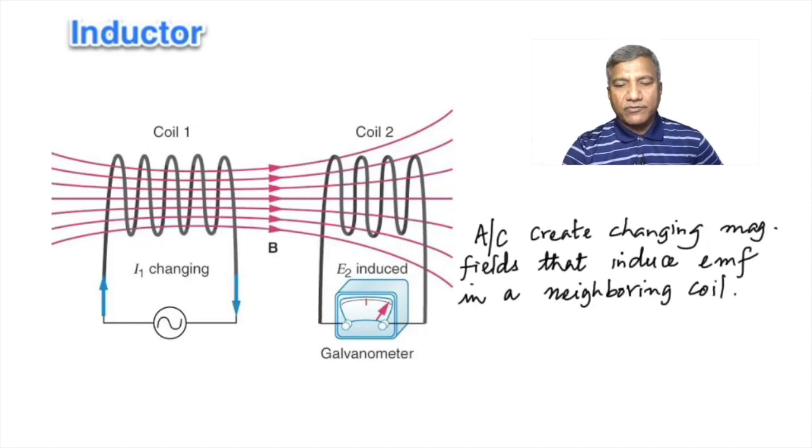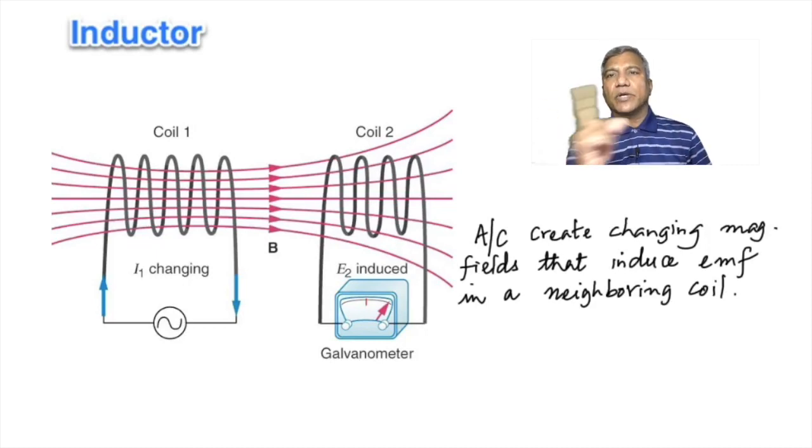Simply, we know that if you have two coils near each other, and if you apply an alternating current to one of them, because the current is fluctuating, the magnetic field is going to be continuously changing. And so there will be an EMF induced in the second coil, which can be readily seen from a galvanometer, which will go crazy.